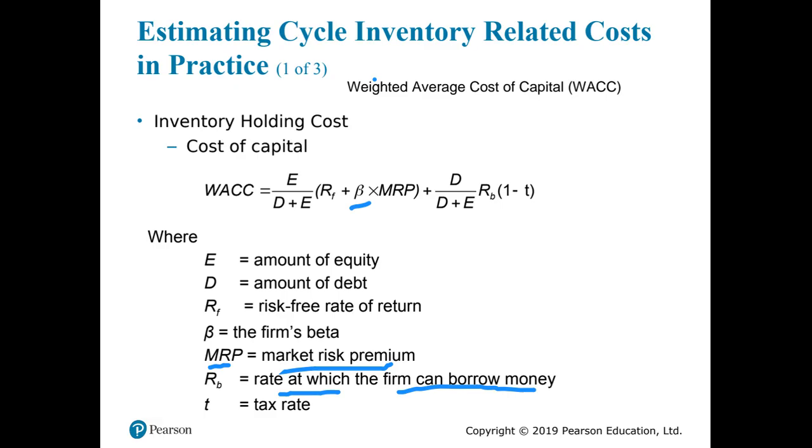So if we try to see this formula again, E is basically the amount of equity that is invested by the investors into the business.